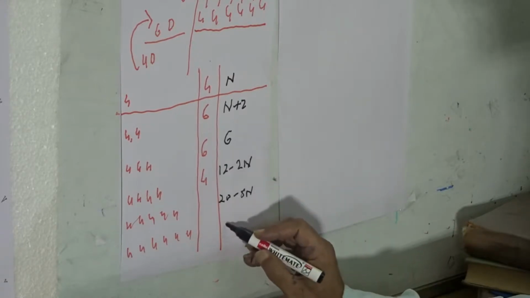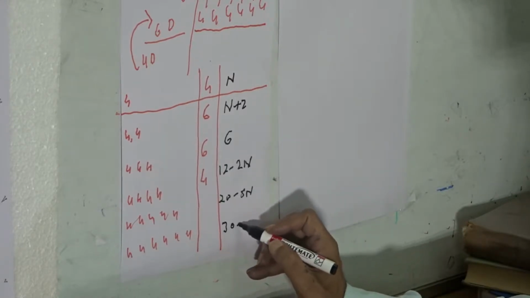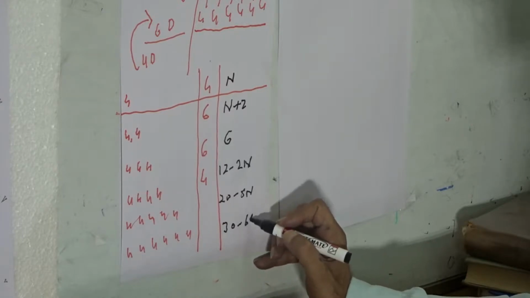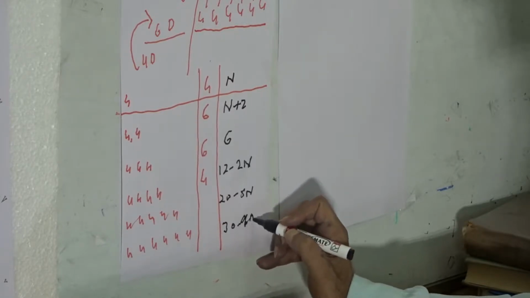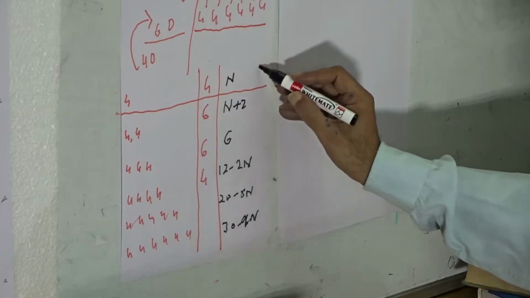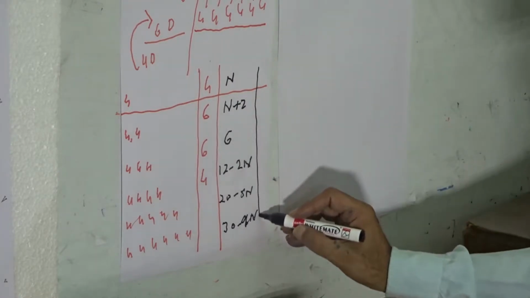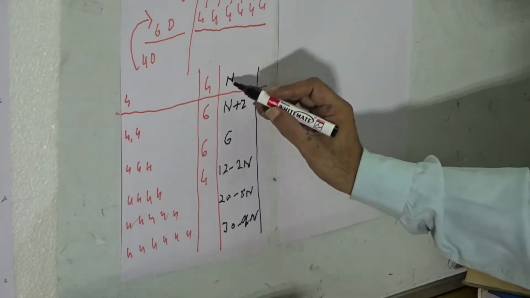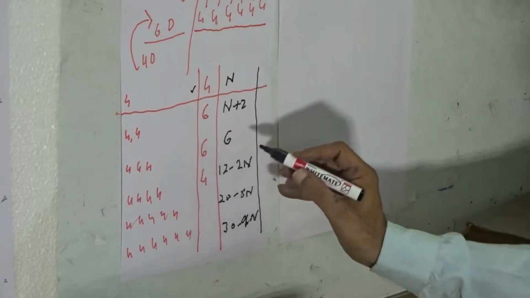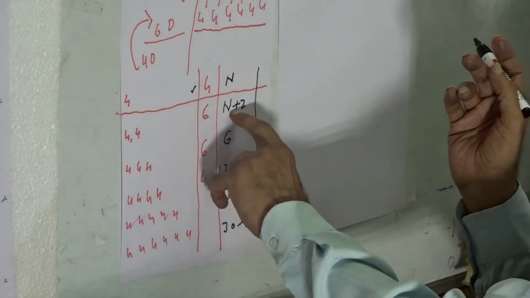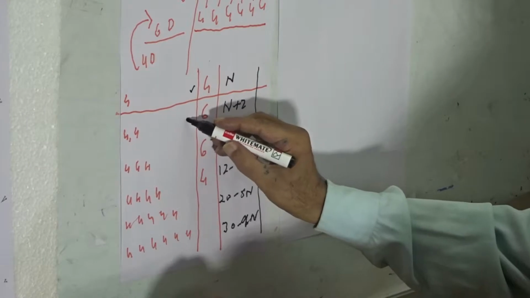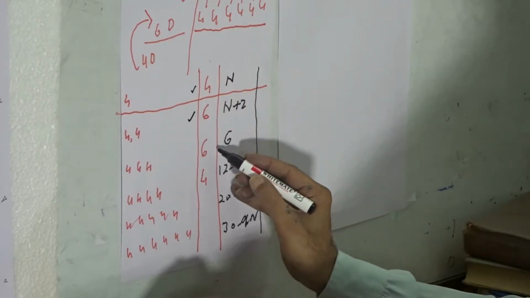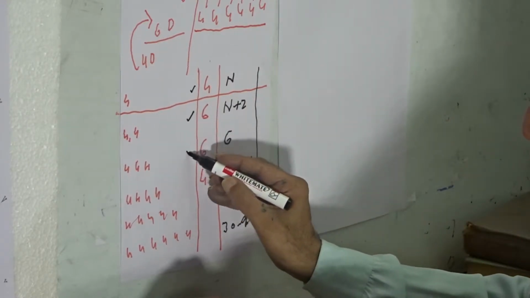And the 6 dimensions give us value 30 minus 9n. Now see, when we put the value of 4 as single dimension, we get value 4. When we put the value 4 here for pair of dimensions, we get the value 6. When we put the value here for triple, it remains 6.